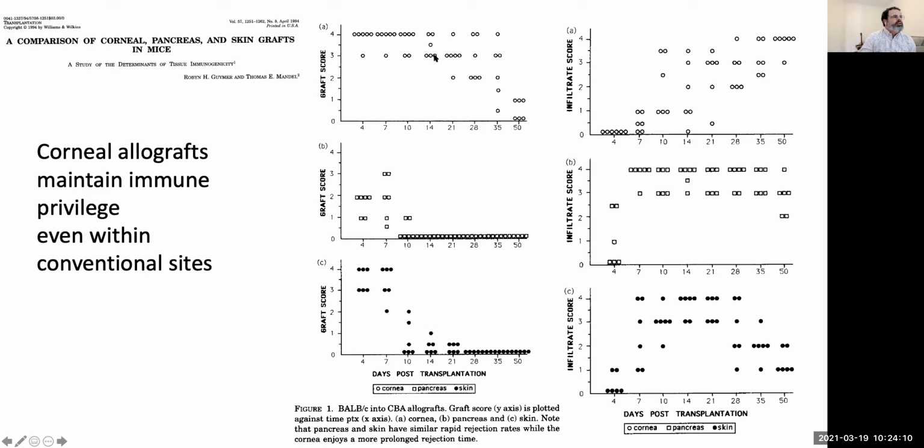You can see that that holds for 21 days or so, and then slightly begins to fall off. Whereas if you look at the other two tissues in the kidney capsule, the graft score seems to fall off quite quickly. If you look at the infiltration score, there's a slow trickle of infiltration over the time course, whereas in the other two tissues, you can see there's infiltration happening quite readily, quite quickly, signifying that this is an immune privileged tissue with respect to the cornea.